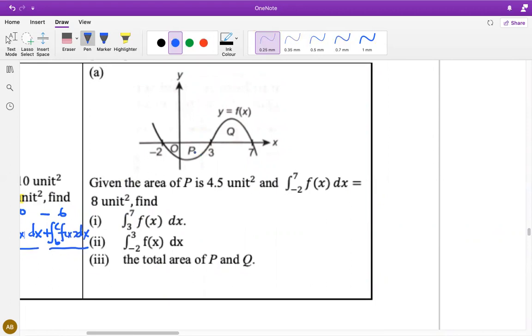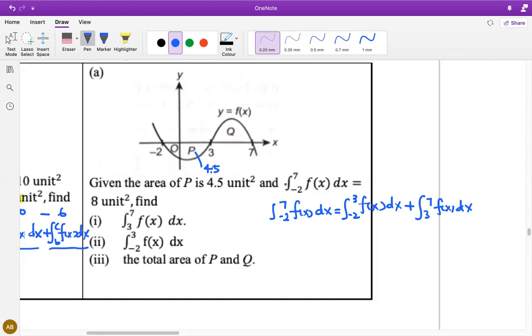So this is 4.5. All right, so from -2 to 7 is the unit. That means I want to find 3 to 7. So -2 to 7 Fx dx is equivalent to -2 to 3 Fx dx, and then plus 3 to 7 Fx dx.